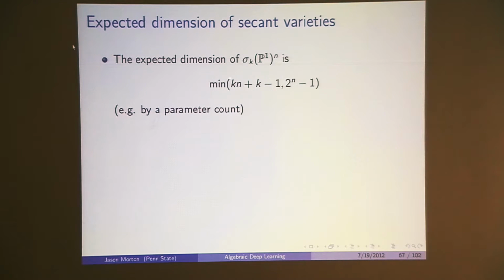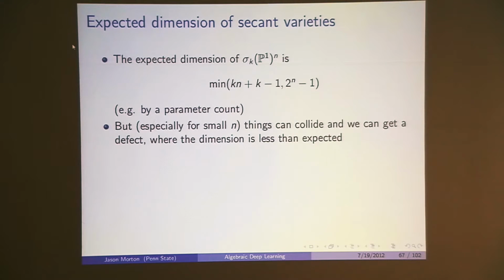This is the naive Bayes model where the latent variable has k states and there are n binary visible variables. The expected dimension is min of kn plus k minus 1, or the ambient space. So at some point it just fills up the probability simplex. Every possible thing is there, or at least it's full dimensional, and then it's just that dimension, right? You can't get any bigger than that, and you can figure that out by, for example, counting parameters.